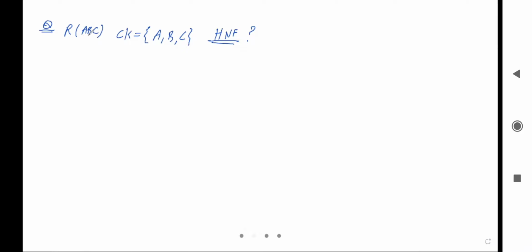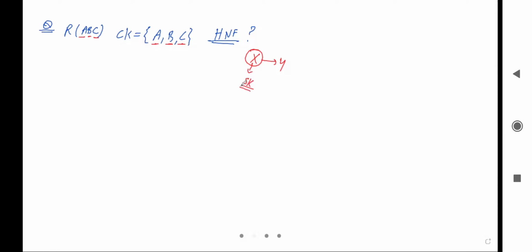Here these are the three attributes A, B and C, and they all are candidate keys, or we can say super keys. It means all the attributes are candidate keys. If all the attributes are candidate keys, it means that if a functional dependency is like X goes to Y, then the left hand side will always be a super key.